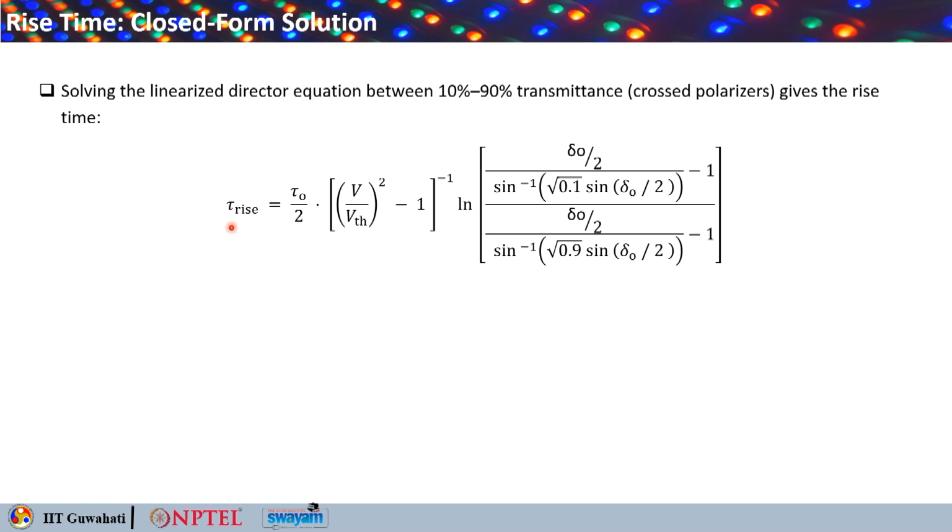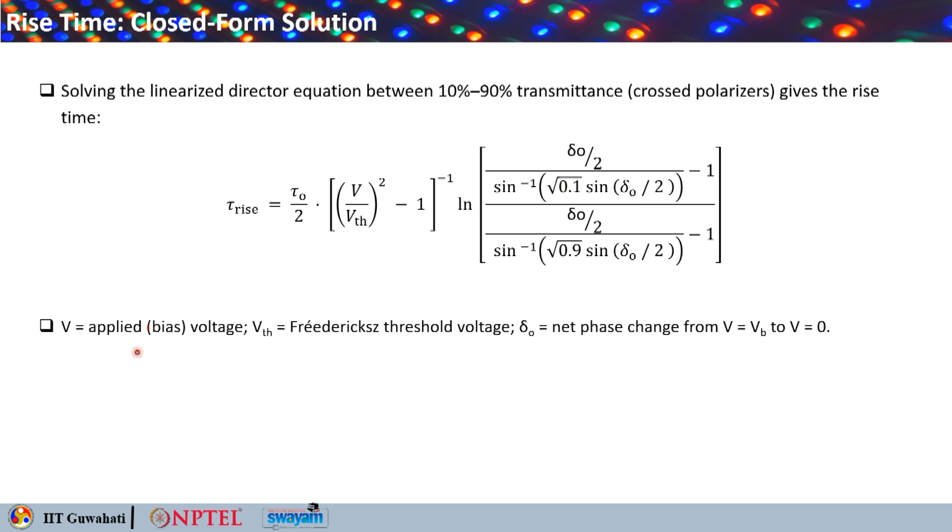time. So tau rise can be given as tau naught by 2 times (V by VTH whole squared minus 1) whole inverse, times ln of this term. Here you have delta naught by 2 divided by sine inverse of square root 0.1 sine delta naught by 2 minus 1, and then a similar term for 10% and 90%.